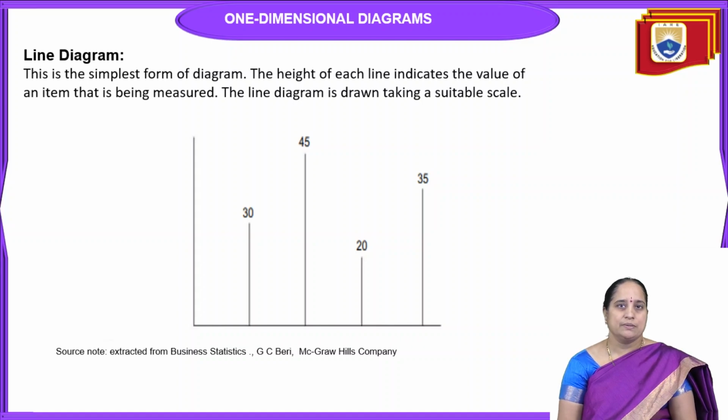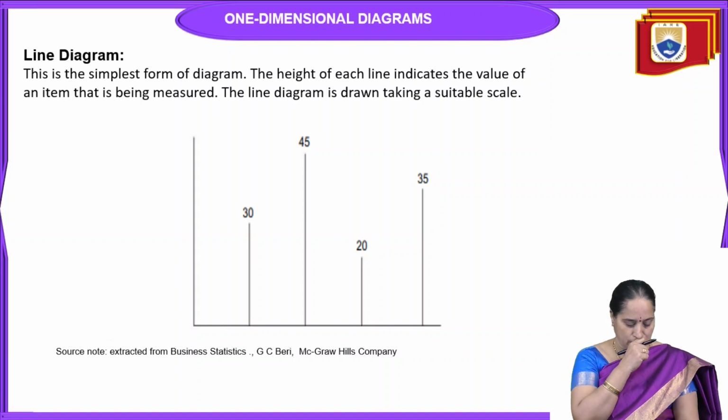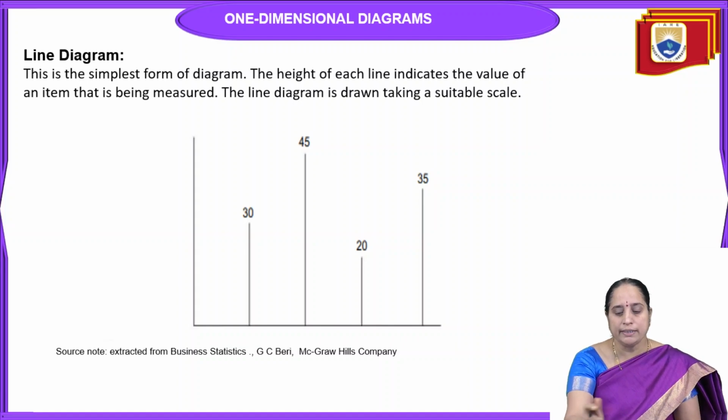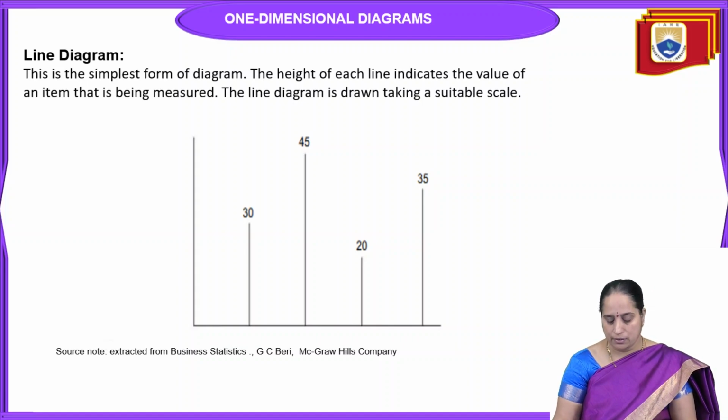This is one of the simplest forms of diagram. Here we consider the height of each line. It indicates the value of an item that is being measured. The line diagram is drawn taking a suitable scale. Like graphs, here also we take a suitable scale, and then we construct the line diagram.